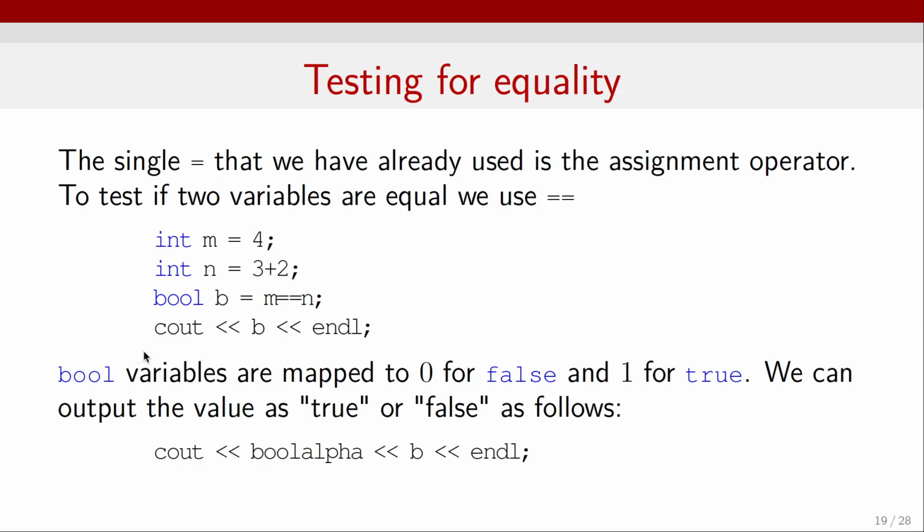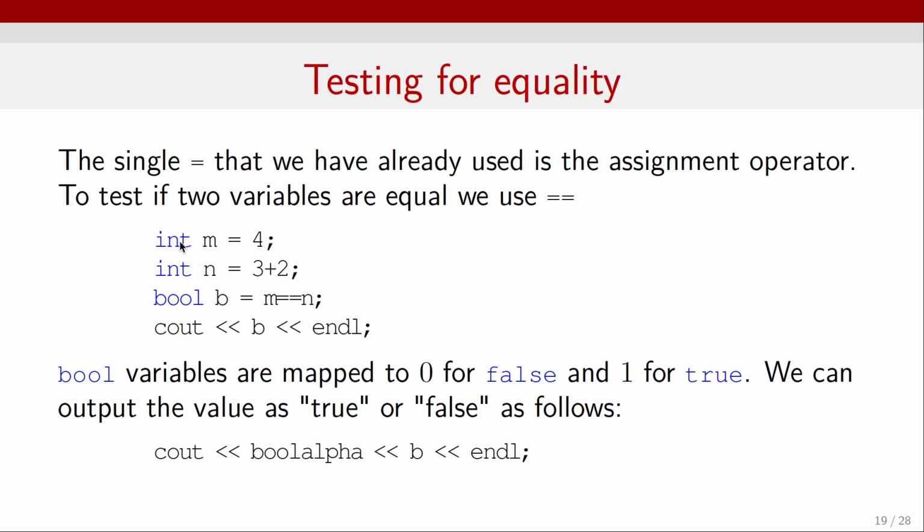The single equals that we have already used is the assignment operator. So that sets a number equal to another, or it sets a variable equal to another variable. If I want to test whether an equality is true, or if I want to solve an equation, for example, that can be done by using the equals sign, or the equals operator.